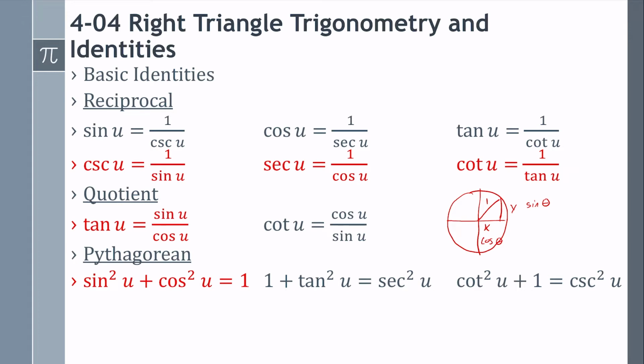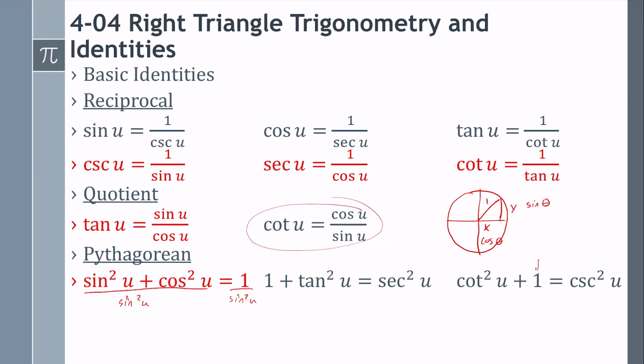The others come from dividing the first Pythagorean identity by either sine squared or cosine squared. Such as if we divide by sine squared, the sines would cancel out, giving you 1. And then cosine over sine is here.